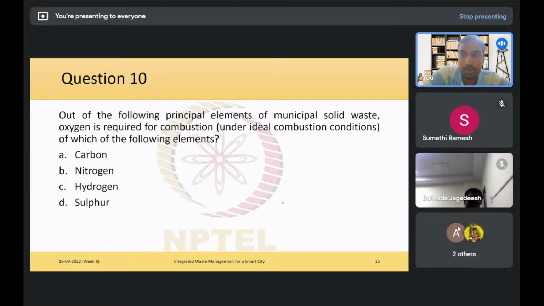A, B, and D. Okay, A, C, and D. Right, so almost every element has been covered in these different combinations. Any other options before we look at the answer?